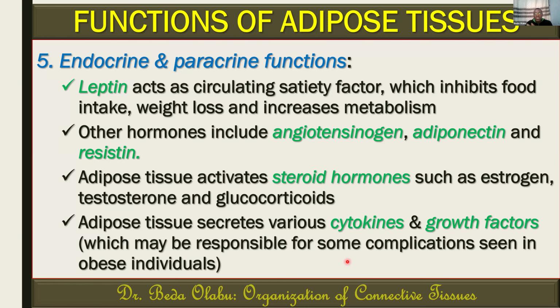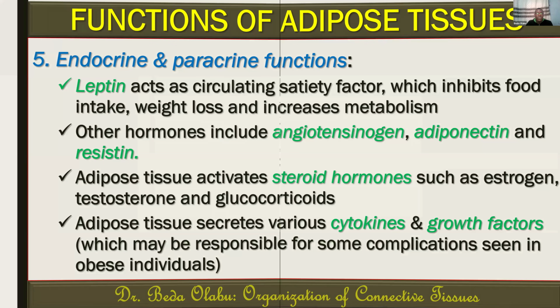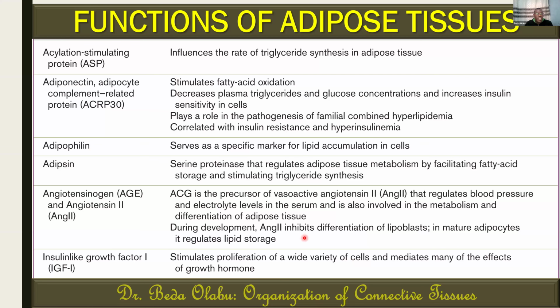I want to just scan through some of the endocrine and paracrine factors which are produced by adipocytes, so you have a clue that there are really more than what I've just shown you. For example, we can see a list here of several chemicals being produced by adipocytes. And on your right-hand side, you may appreciate some of the functions of these particular chemicals.